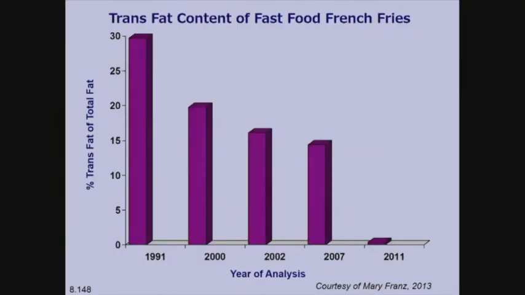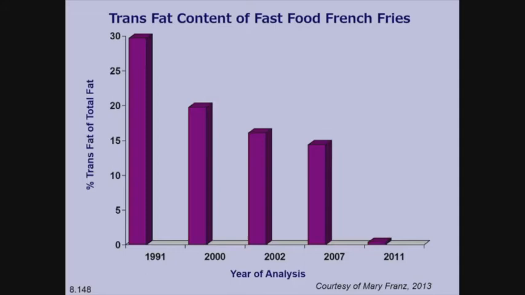This is trans fat, and the changes in processing of food have also changed over time. So these are from McDonald's and Burger King. We do these analyses in our own laboratory by gas chromatography, updated about every 4 years. Starting in 1991, in fact, if you'd gone back further, it would have been way up here on the ceiling.